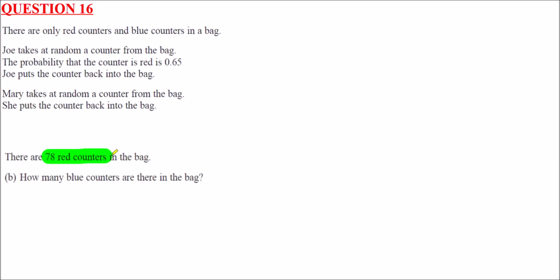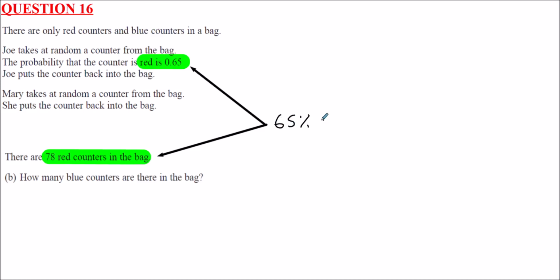We've got 78 red counters, and the probability of picking a red counter is 0.65. Then from these two pieces of information, we can deduce that 65% of the counters must be red. 0.65 as a percentage is 65%.